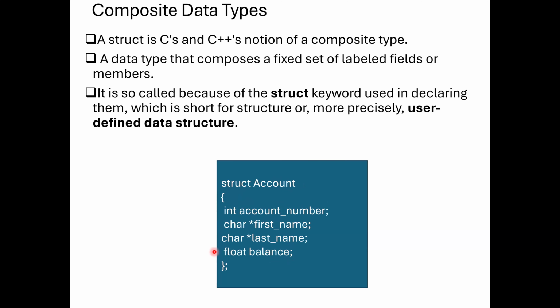So this simple structure here will store and organize just these four pieces of information. But in the real world, that is more than enough to know a bit about somebody's account number, their name, and what? The balance that they have on that account. So these composite types allow us to create and manage more realistic data.